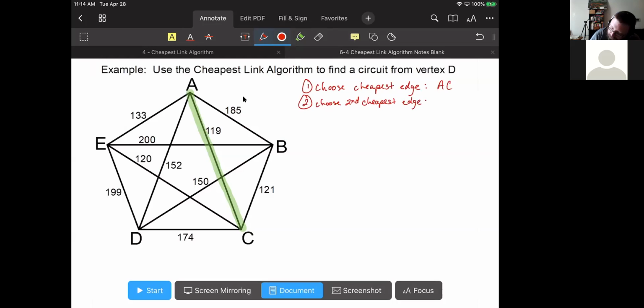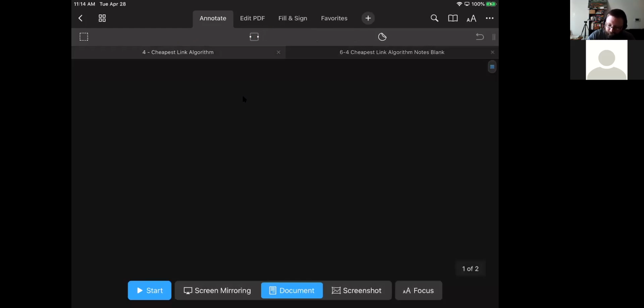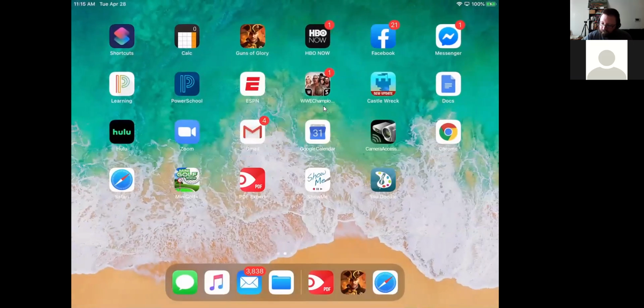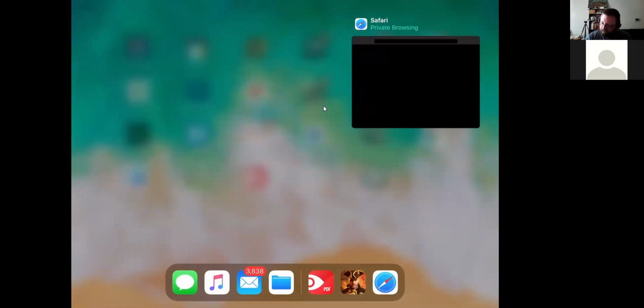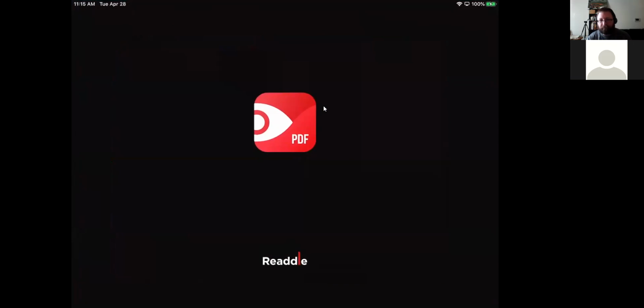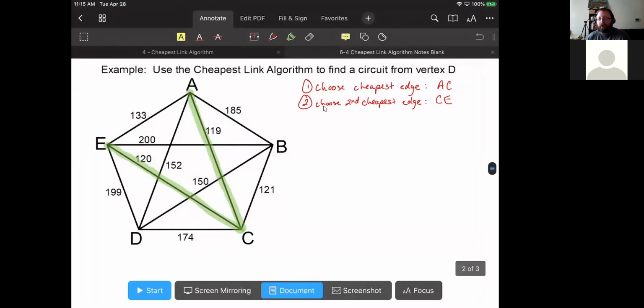So we look again for the second cheapest edge in the entire graph, which is 120. We would pick CE for our second edge. Okay, and again, it doesn't matter where we start.